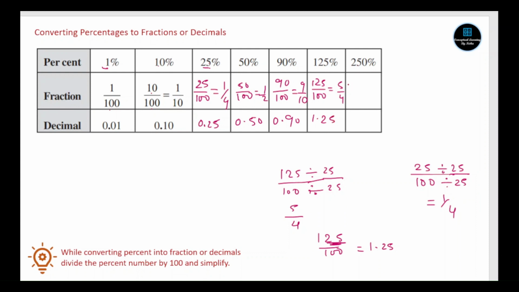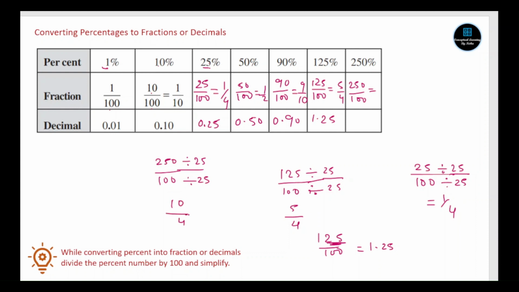Same way, 250 upon 100. So the fractional value, will you write it yourself? Let me just help you out. See, 250 divided by 100. I am dividing them by again 25. What do we get? 5 and here 4.